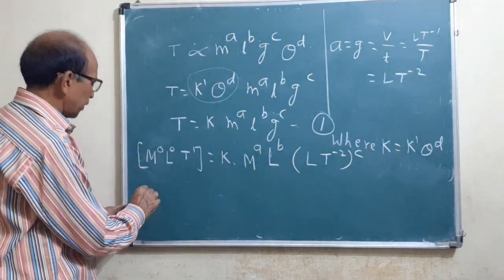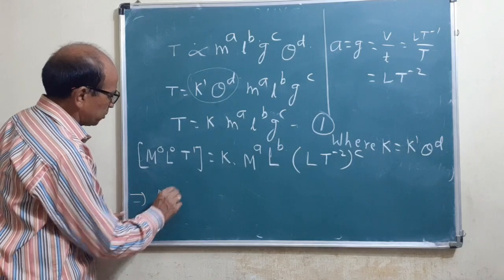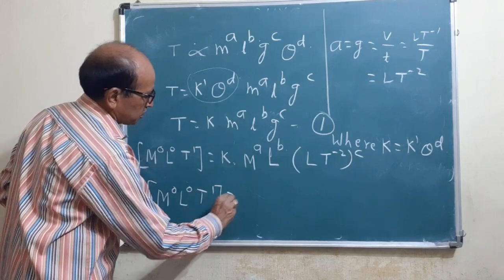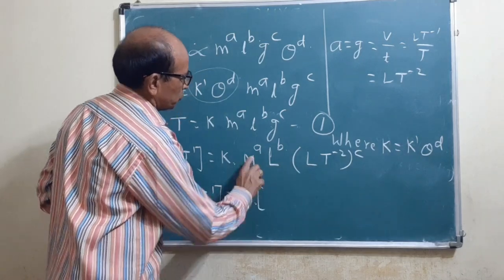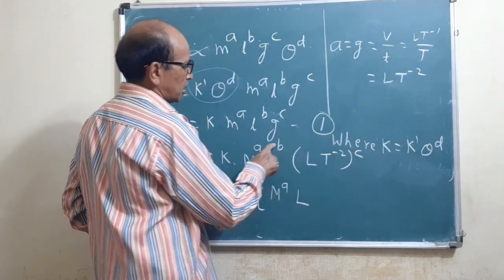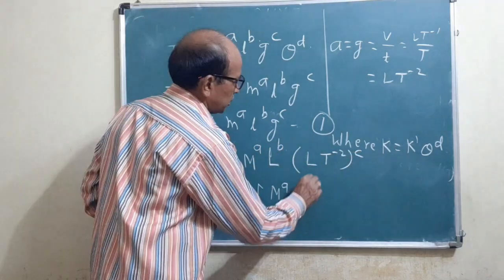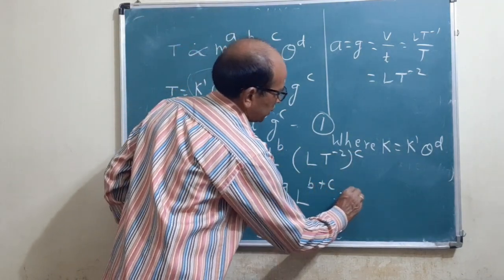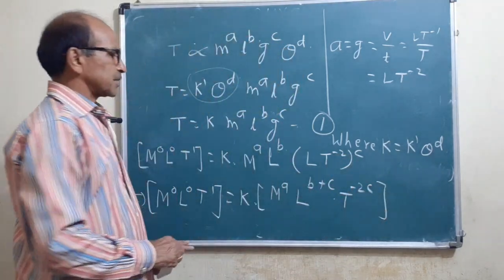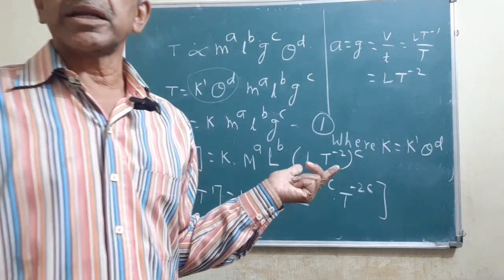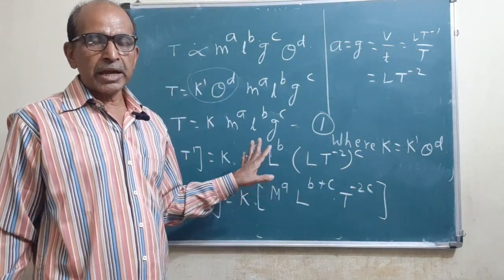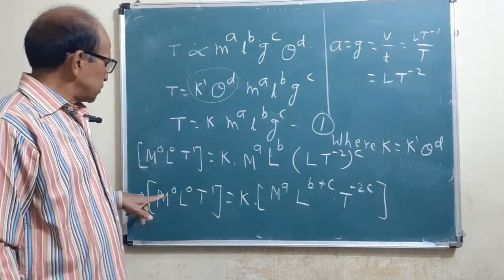Now just simplify. M to the power 0, L to the power 0, T to the power 1 is equal to k, and here M to the power a, L to the power c, L to the power b; the powers will be added, so b plus c, and here T to the power minus 2c. Now according to the principle of homogeneity, the formula is correct if the dimensions on both sides are the same.